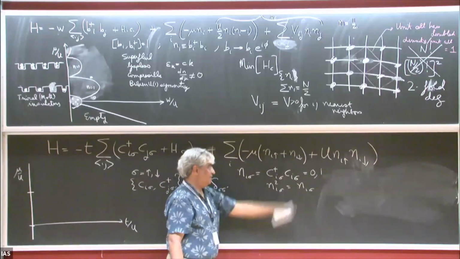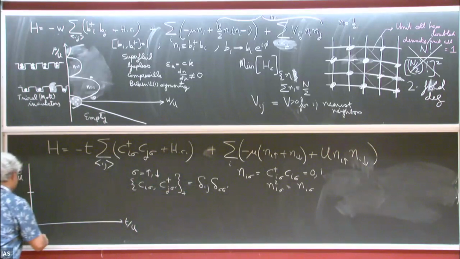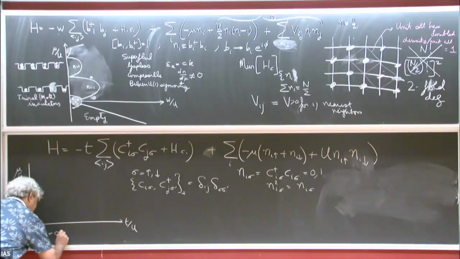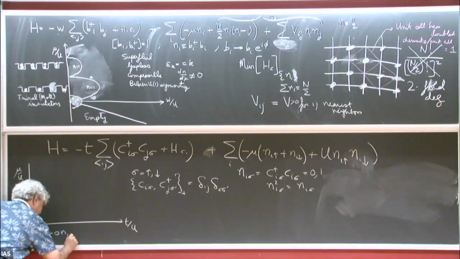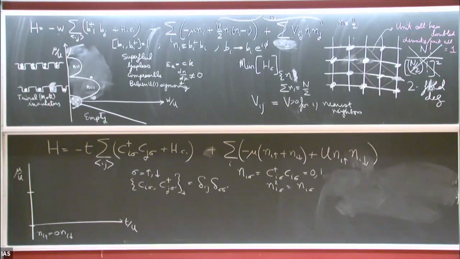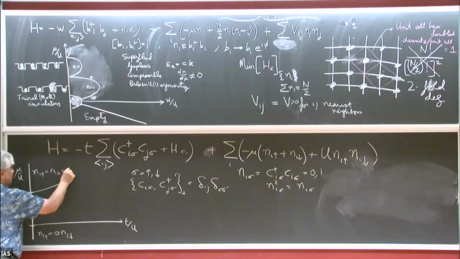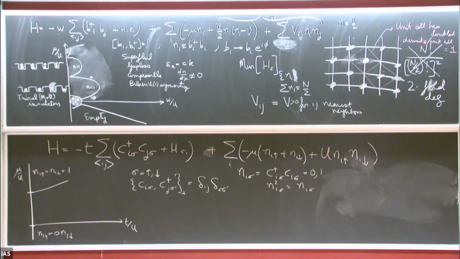There's a state where everything is empty. So here, n_i up is equal to 0 is equal to n_i down. That's the vacuum state. And there's a state up here where n_i up equals n_i down equals 1. And nothing else. There's nothing above that.